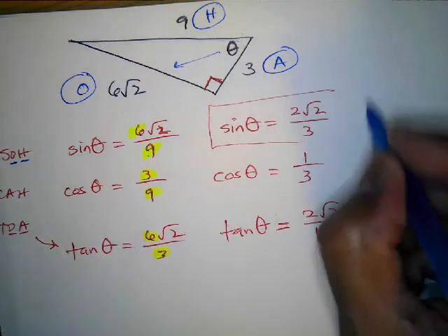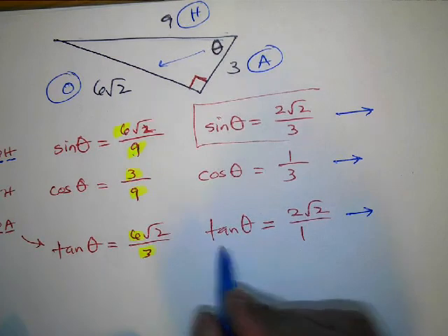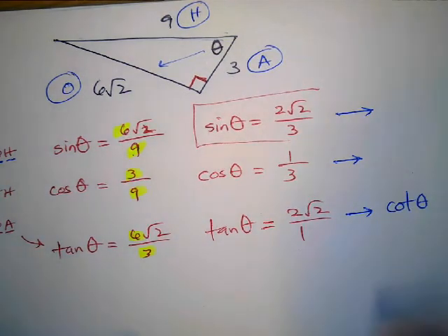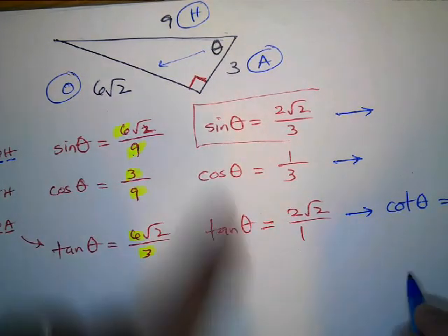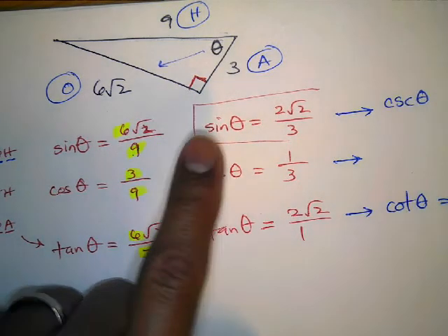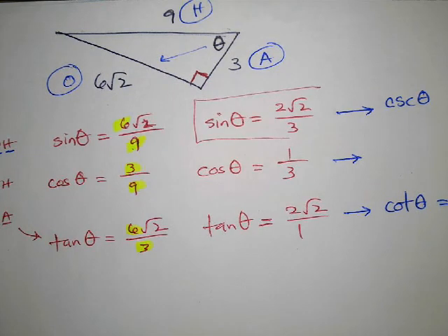Now, even if you have one of these with a radical in the bottom, don't fix it. Get these other 3, the 3 new ones, the reciprocal identities, get those first. What's the reciprocal identity of tangent? Cotangent. Got to get that right first. What's the reciprocal of sine? Cosecant.